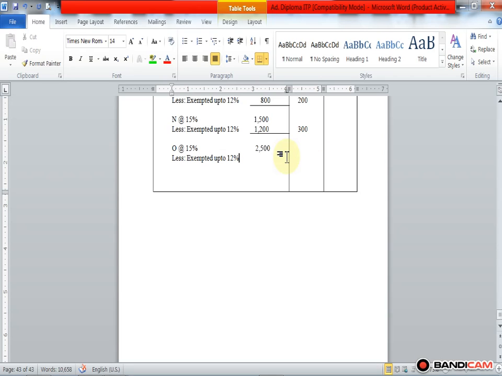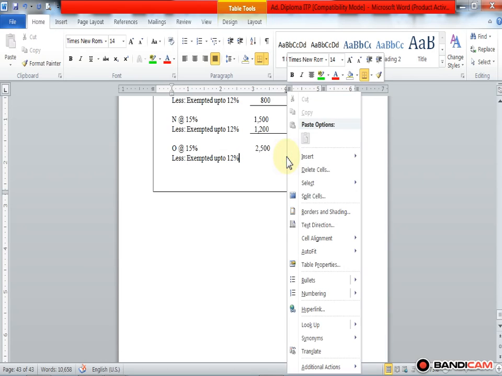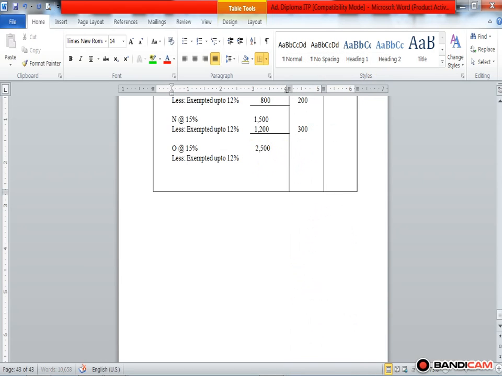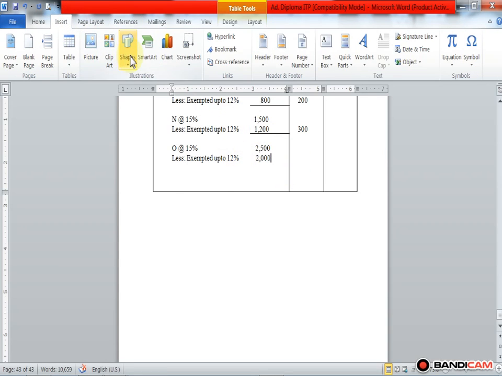So 2,500 into 12 divided by 15 amounted to rupees 2,000 interest is exempted, and the remaining balance of 500 is taxable.